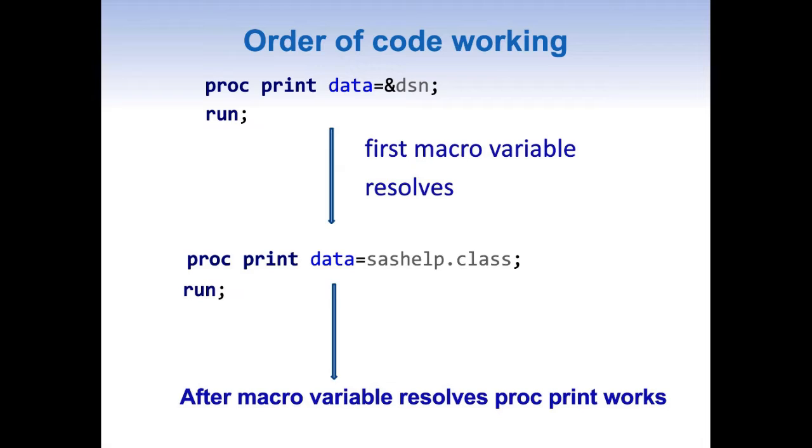Here I want to remind you of one point we discussed in the earlier class. That is, ampersand and percent are macro triggers and they execute first, even before any other code is compiled and executed. So always the macro variable resolves first and then this piece of code runs next.